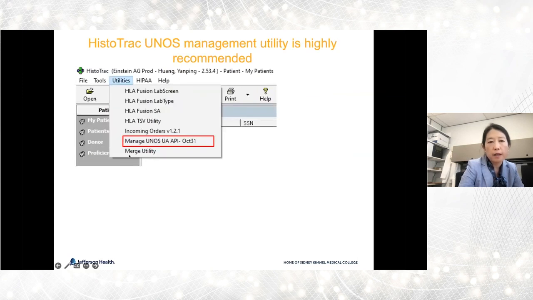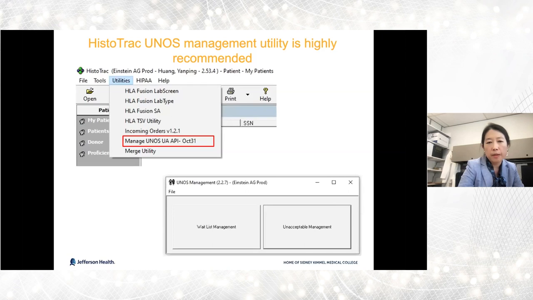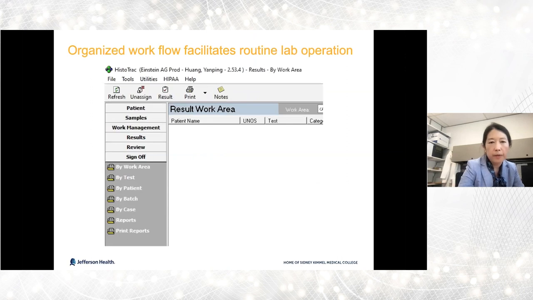If you have not been using this, I really highly recommend the UNOS waitlist utility. It's very useful. It includes waitlist management, which can keep patient data up to date in your database, and also can send unacceptables back to UNOS. Especially for a center with a significant patient waiting list, this is very useful too. So those people were probably already familiar.